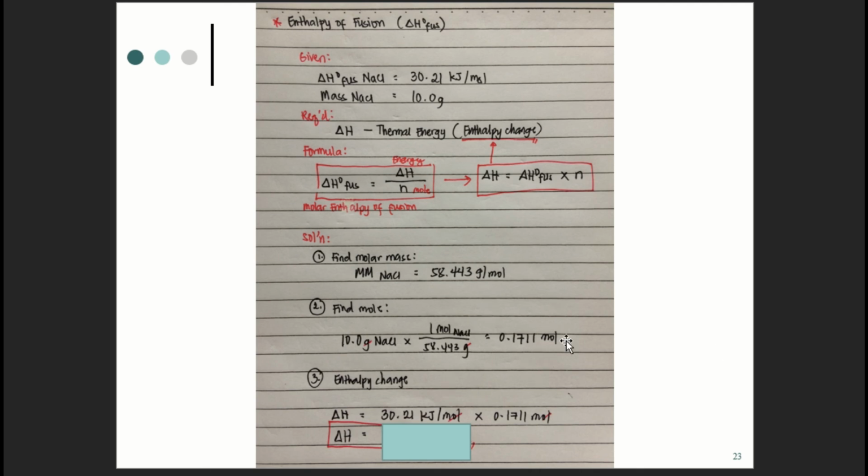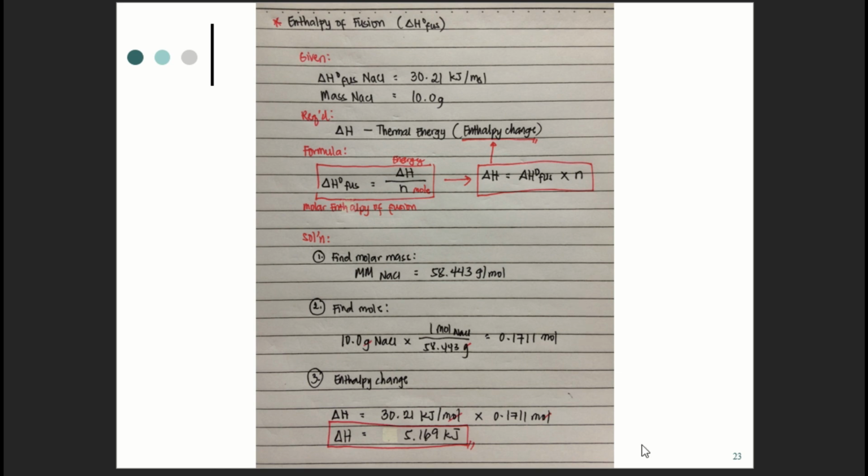Now that we have the amount of substance, the mole, and the heat of fusion, we just apply the formula. Heat of fusion times mole, the mole cancels, leaving kilojoules. So the answer is 5.169 kilojoules. This is the energy needed to melt 10 grams of sodium chloride.